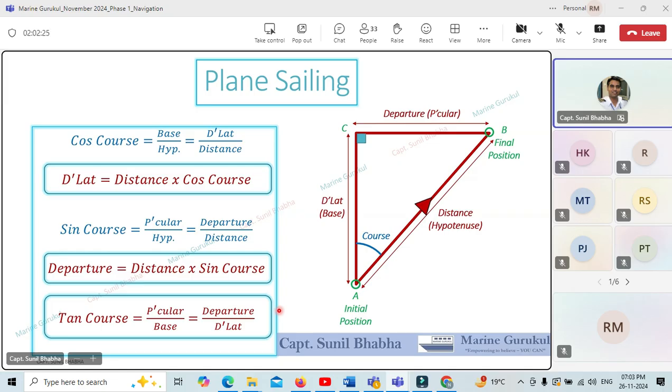This is a very simple form of sailing. We do not need to refer to any tables. We do not need to use any complicated formulas. Simple trigonometric ratios give us these three simple formulas, helping us to calculate the course and distance as well as the position arrived at using plain sailing.